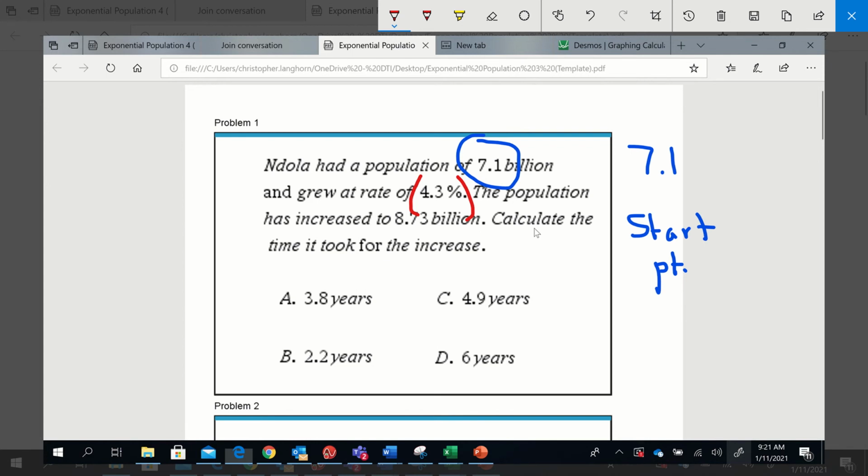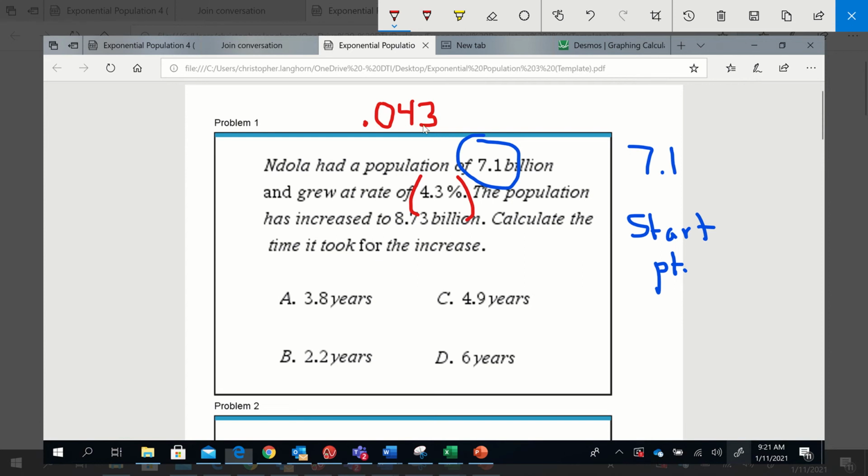Now this is where things might get a little bit difficult, because we are looking for t. If we just put down the 4.3%, which we would write as 0.043, if we put this rate down like this, it won't work because our end result is bigger than the original.